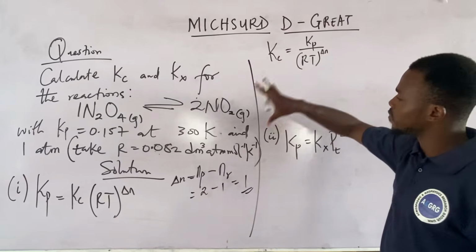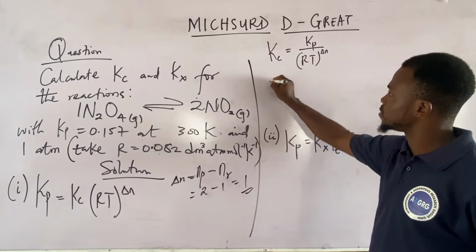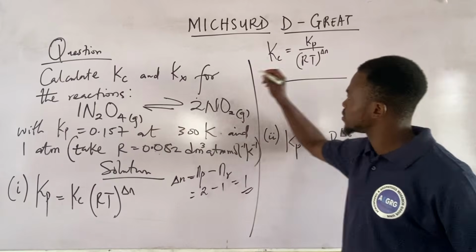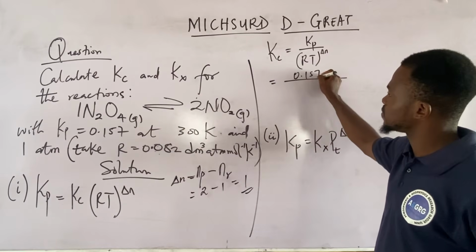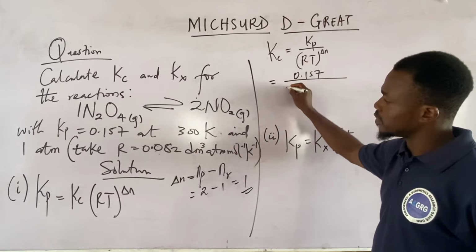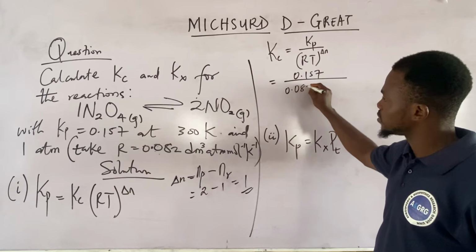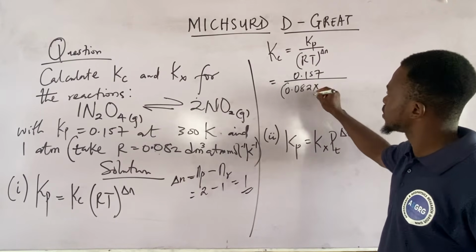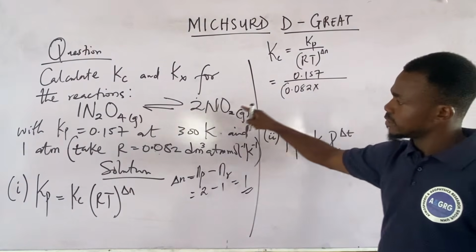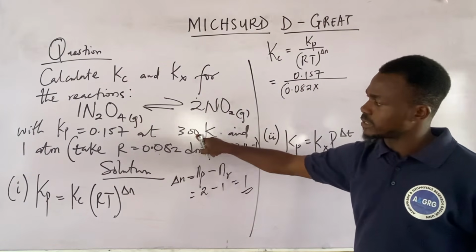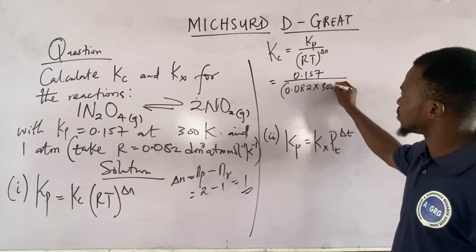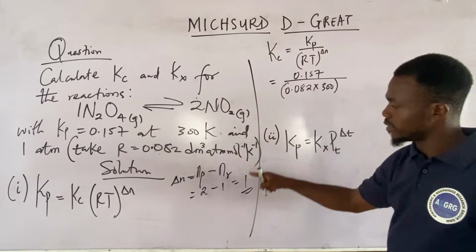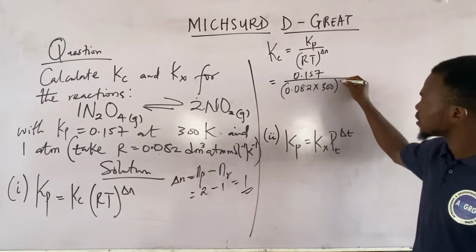So we have all the parameters here, so we can substitute. So if we substitute, Kp in the question is given as 0.157, then the gas constant here is 0.082. Then we multiply by the absolute temperature, which is 300 Kelvin, then raised to power change in n, which we got as 1.